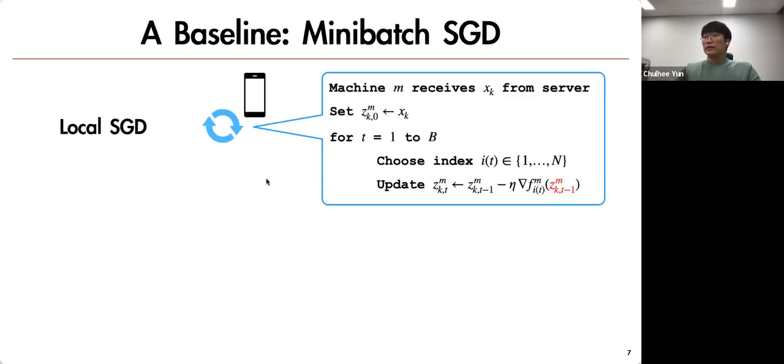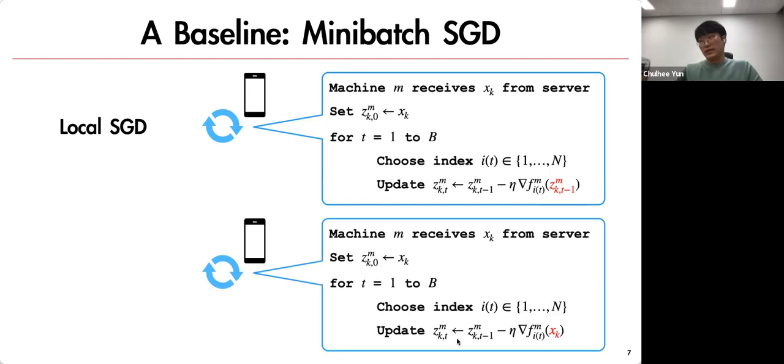So so far I've described the local SGD algorithm, and in this paper we want to compare local SGD with a simple baseline, which is called Minibatch SGD. So this pseudocode is what happens for a local machine when they make local updates, right? And suppose we change this update equation to be this.